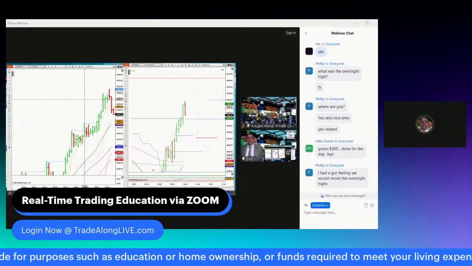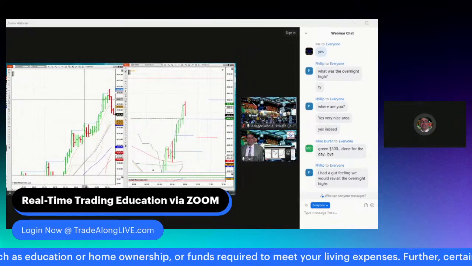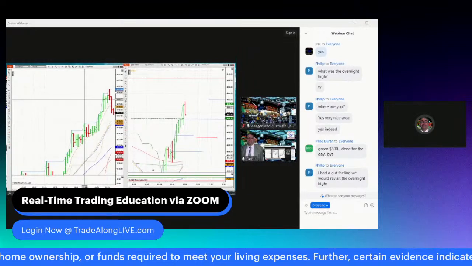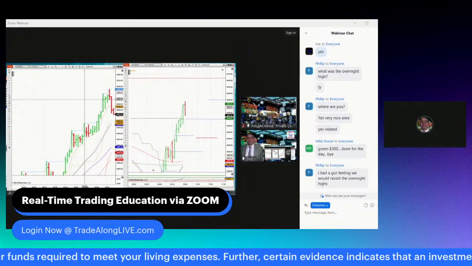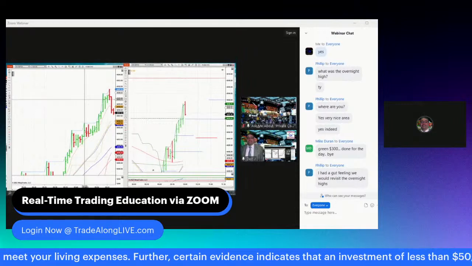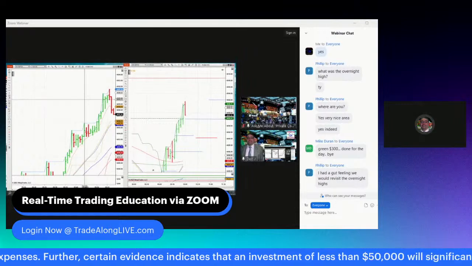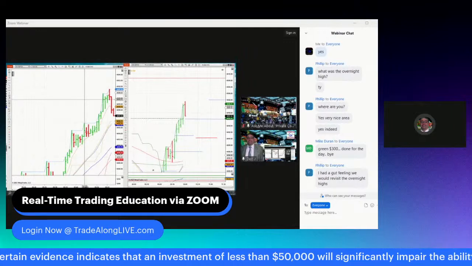Well, finally, we get a good rotation off of one of them. We know that we've got a little support down here at the 96 area.